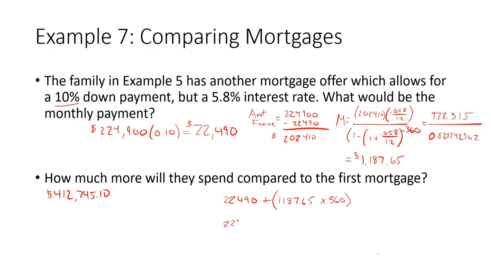That's $22,490 plus $427,554 for a total price of $450,044, $35,000 more than the first mortgage.